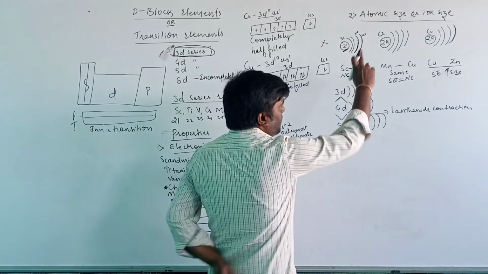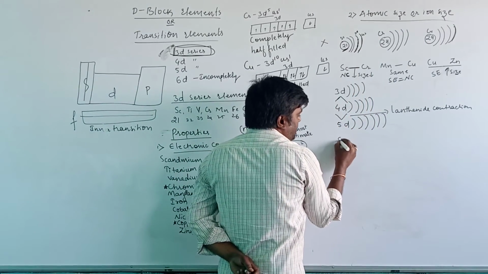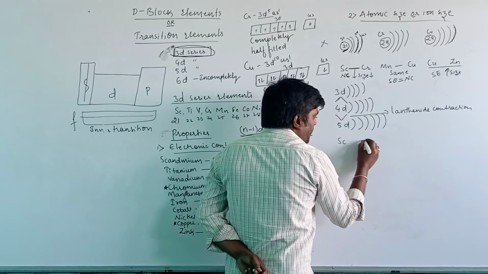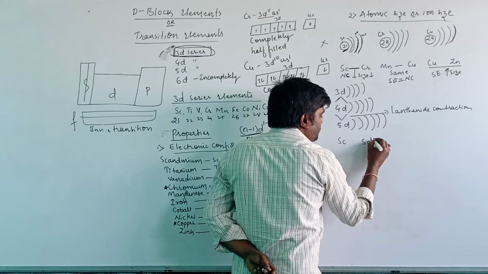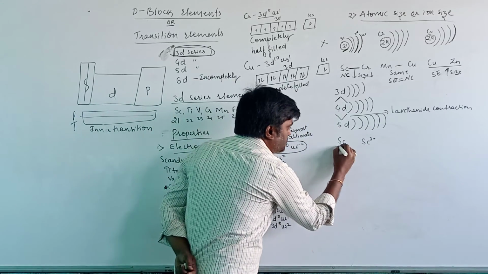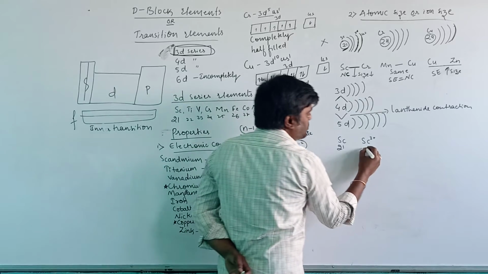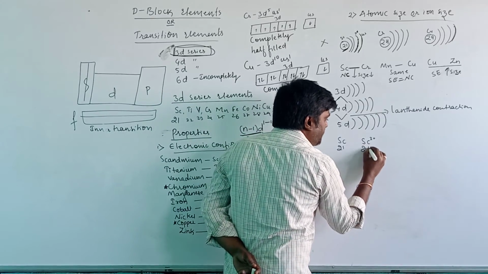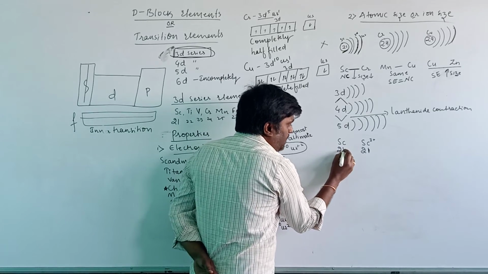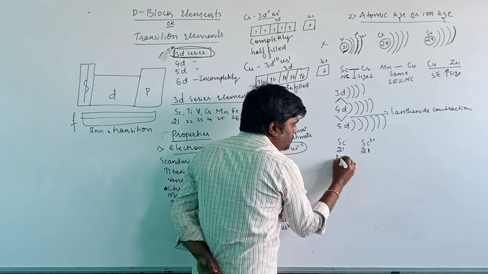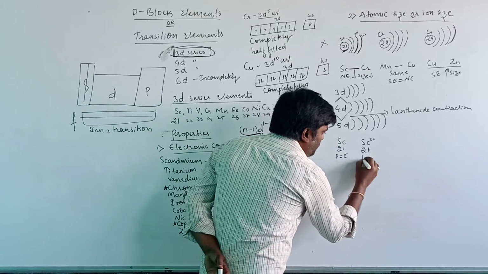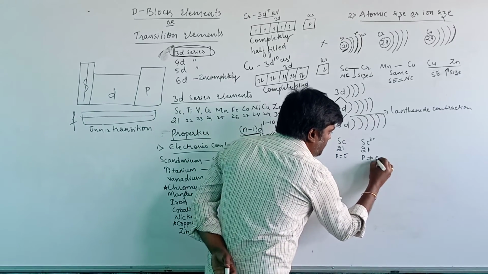Let us now discuss ionic size. Consider a metal atom and its 3+ ion: if you remove 3 electrons, the nuclear charge, that is the number of protons, remains the same. In the atom the number of protons is equal to the number of electrons, and in the ion the number of protons is not equal to the number of electrons.